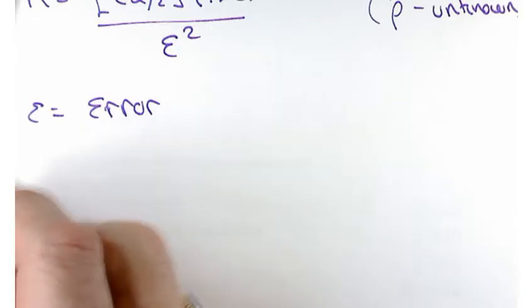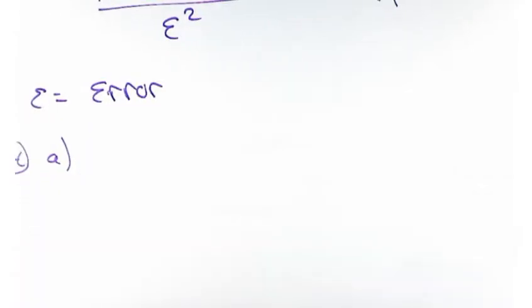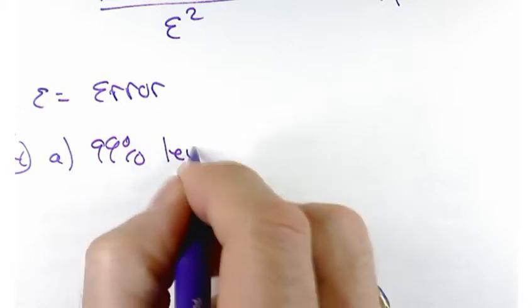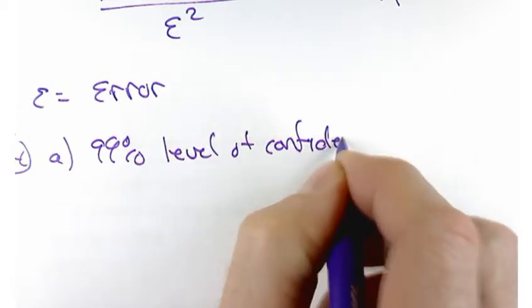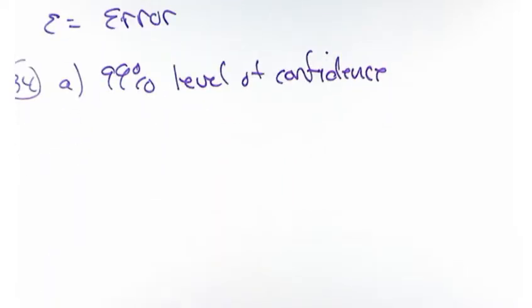This is problem 34A. We wanted a 99% confidence level. Now here we're going to actually have to determine what alpha is. If we have a 99% confidence level, what's that mean alpha equals?